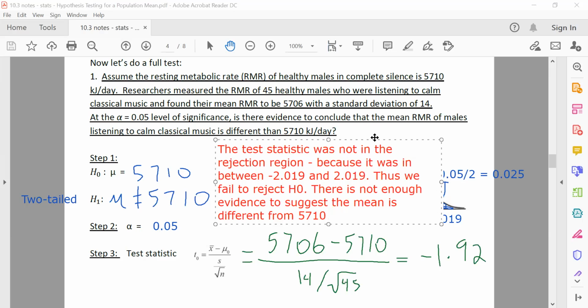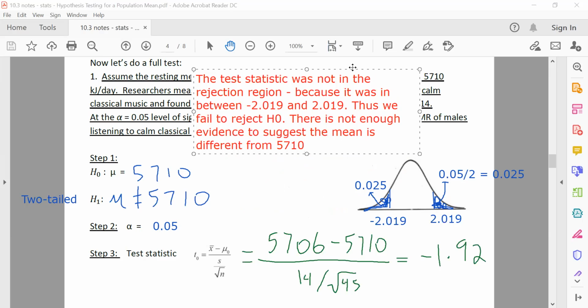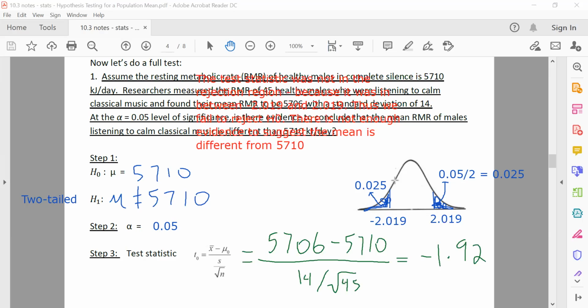That's our conclusion. But it was close. Negative 1.92 was really close to being in the rejection region, but wasn't quite. It was like right here. So it was just barely inside the white region in between those two critical values.